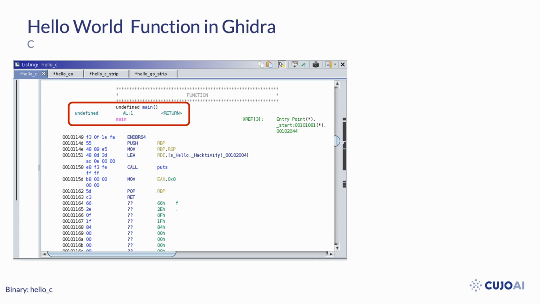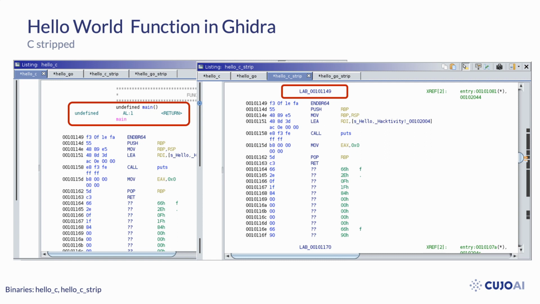The main function is easily located in unstripped executables. This is where the program starts via the entry point. However, the disassembler can't identify the main function in stripped C binaries and randomly assigns a function name to it.